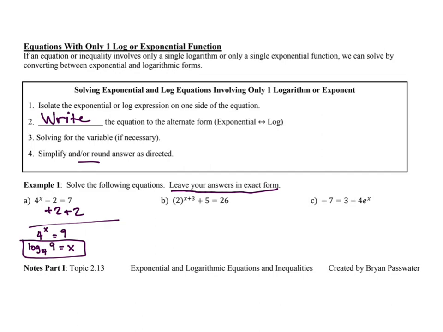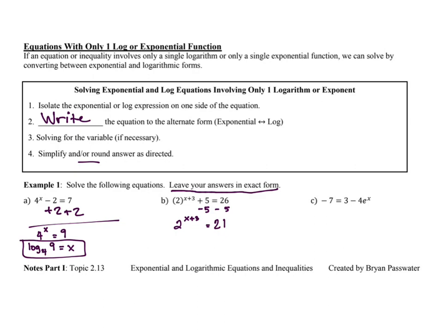Go on to B. 2 to the x plus 3 plus 5 is 26. What are we going to do here? Move the 5. So 2 to the x plus 3 is 21. Now let's divide by 2 on both sides. Good. Frankie looked at me with bad eyebrows.